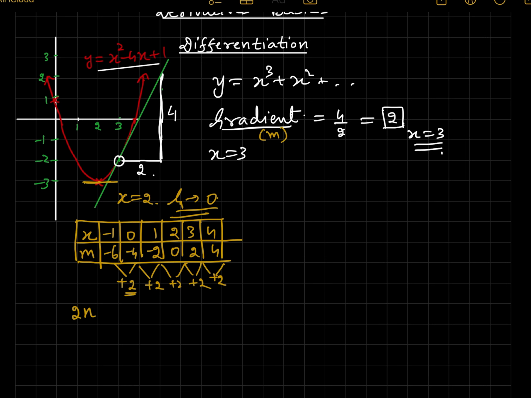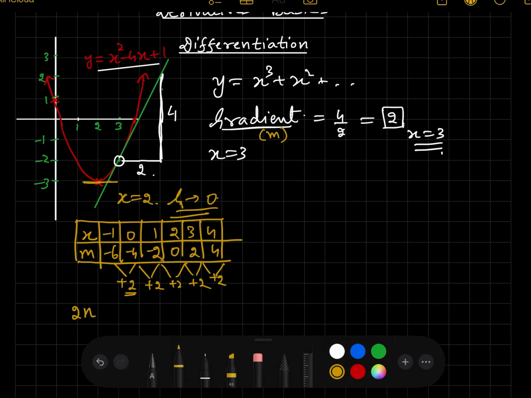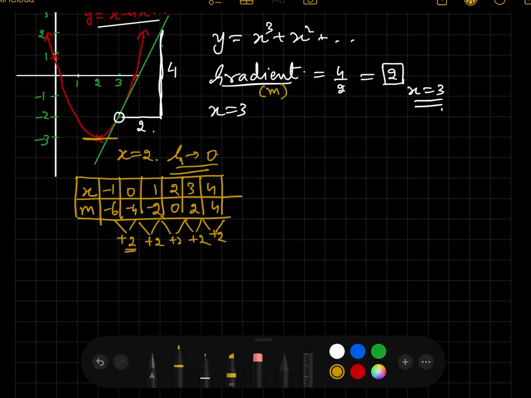Let us first write these terms properly, like n equal to negative 1, 0, 1, 2, 3, 4. Fine. And then my terms are negative 6, negative 4, negative 2, 0, 2, 4.